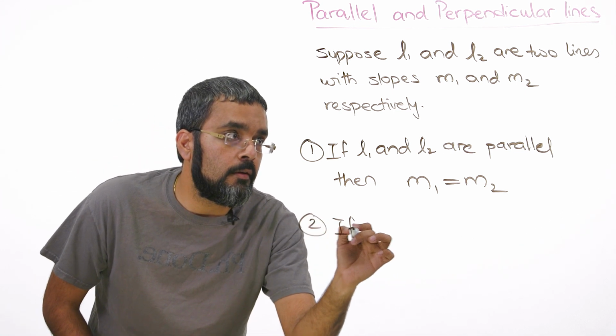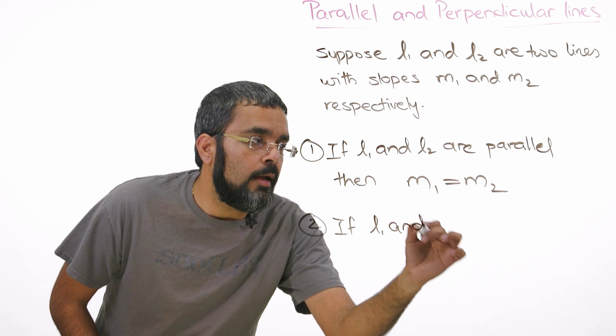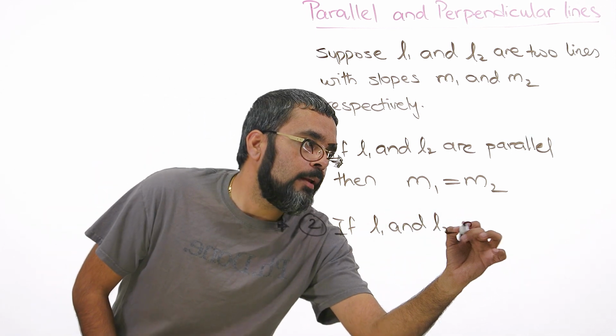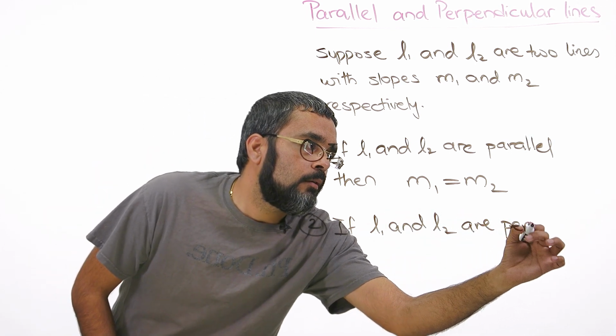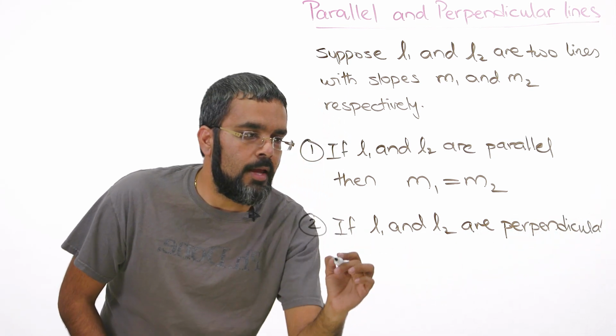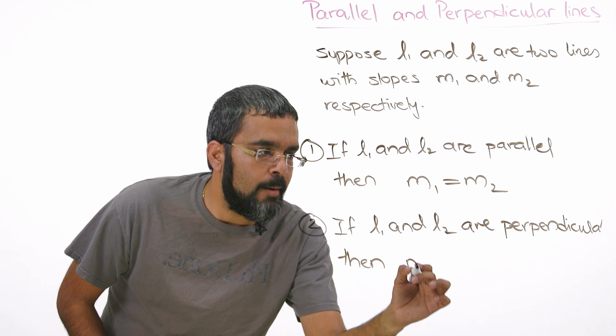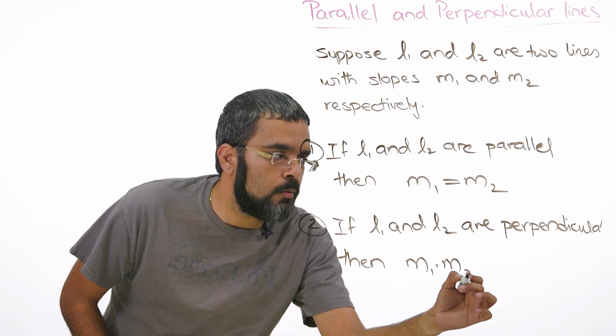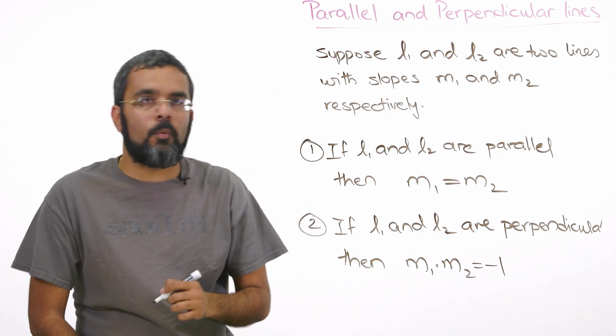And if L1 and L2 are perpendicular, then M1 times M2 is equal to -1.